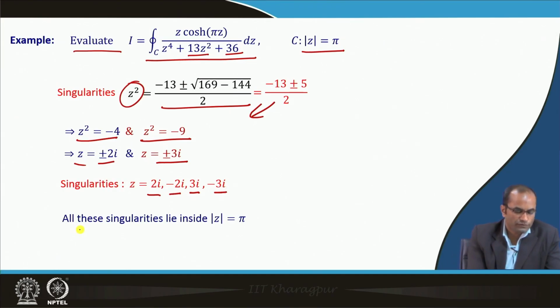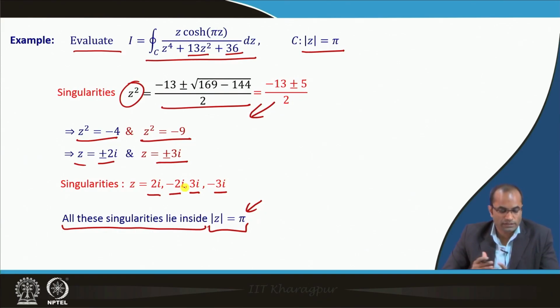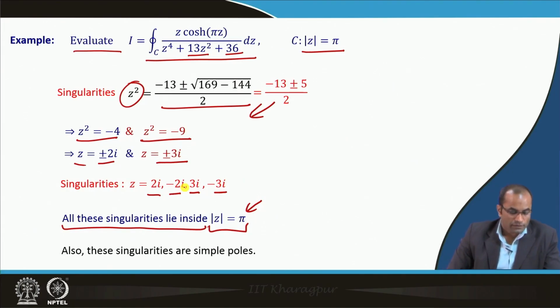Clearly, all these singularities are coming inside |z| equal to π, because π is more than 3 and here we are going only up to 2 or 3. So, all these singularities are lying inside this circle of radius π.